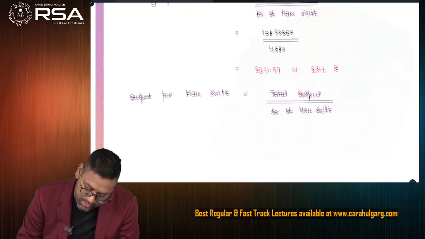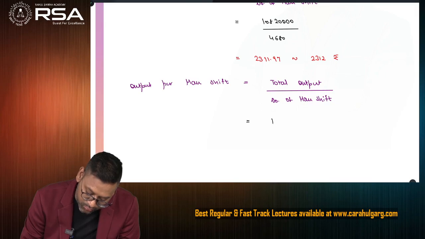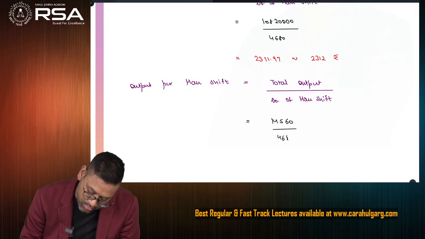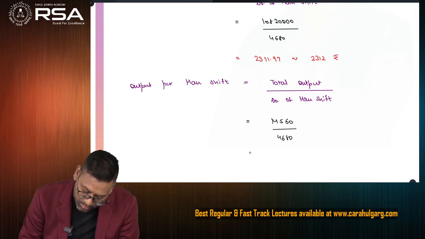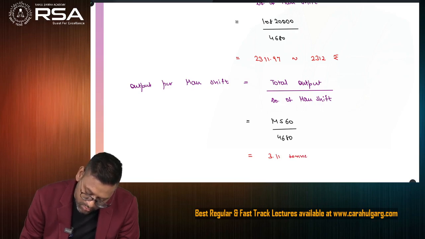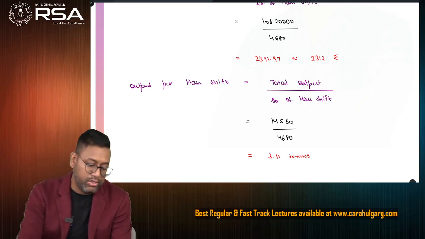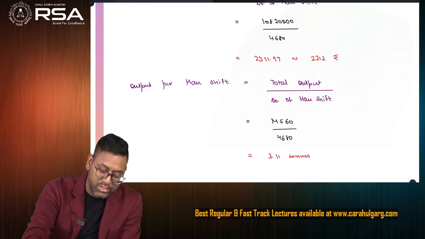Total output is 14,560 and the man shifts are 4680. When you do the calculation, you get 3.11 tons. 14,560 is in tons, so you get 3.11 tons. Please reach till here, child.